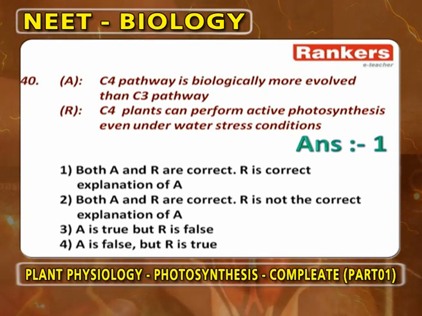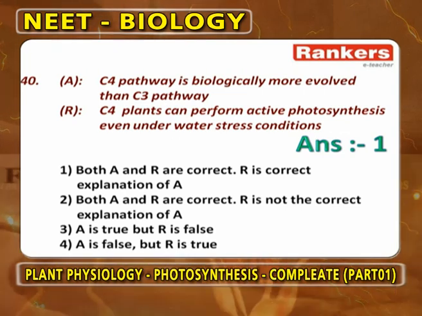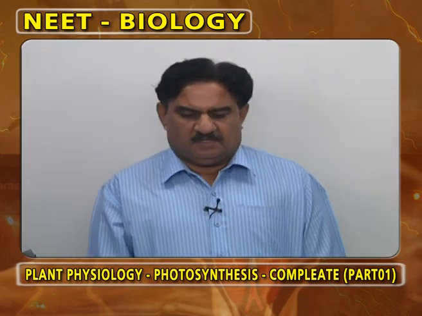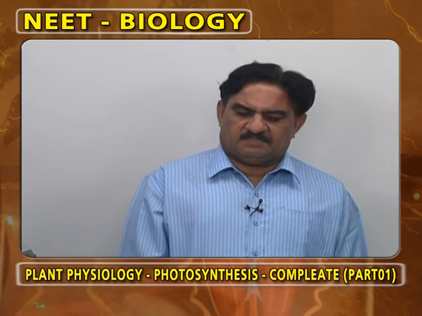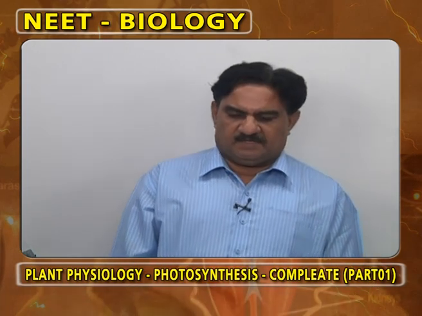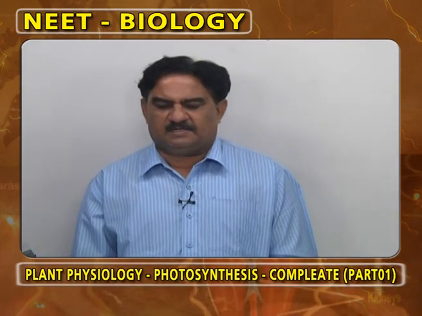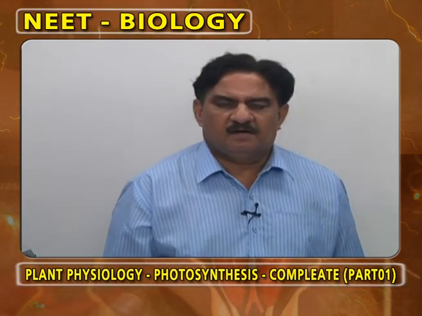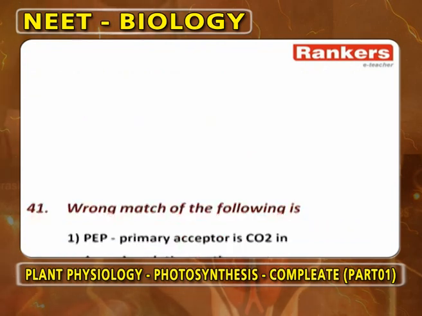Almost all tropical plants show the C4 pathway, and these plants can perform active photosynthesis even under water stress. So A and R are correct, and R is the correct explanation of A, first option.